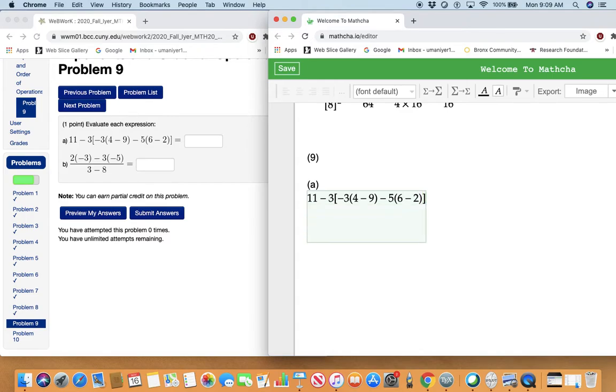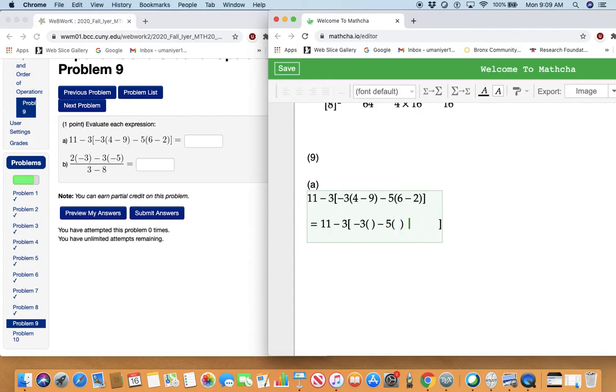So if you notice, there is a bracket, within the bracket there are parentheses. Order of operations says forget everything else. Take care of things inside the parentheses. So that's the outer bracket. Inside this expression has parentheses, so forget everything else and worry about the parentheses.